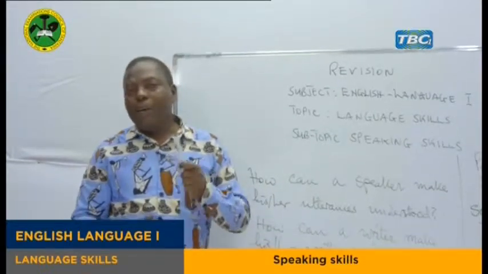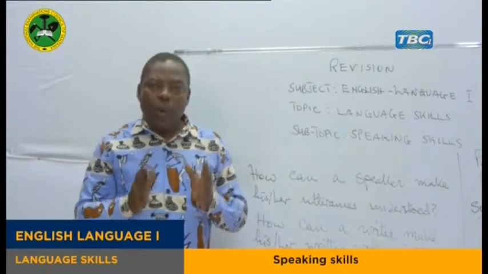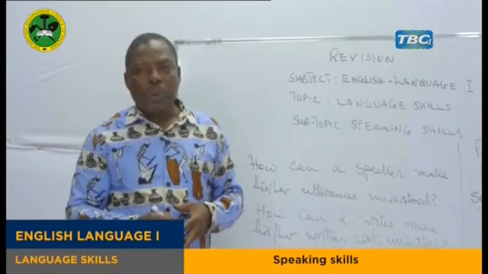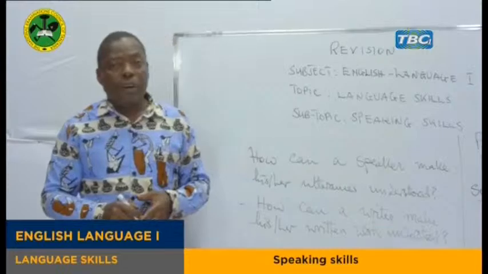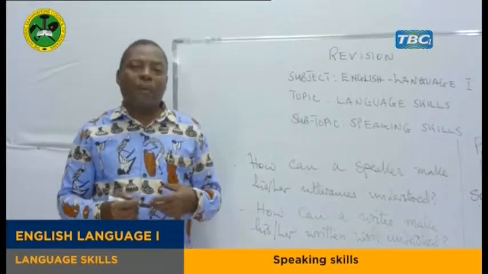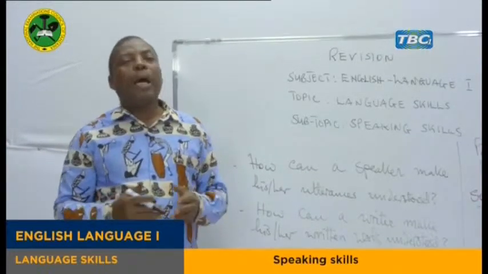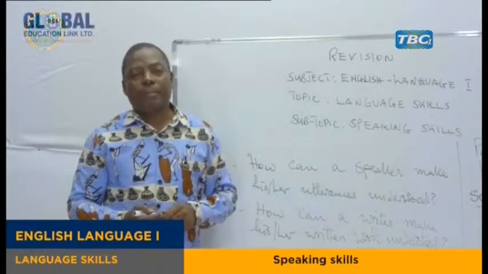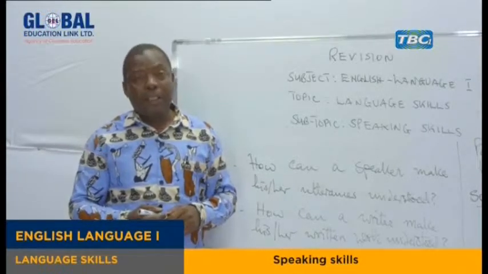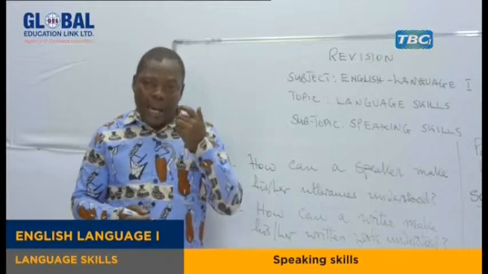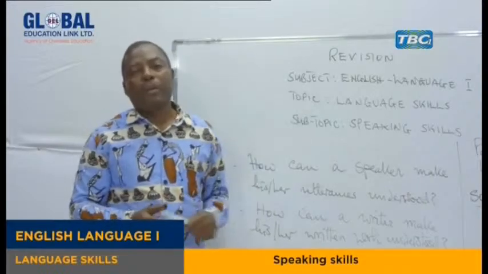So the moment you fail to pronounce the word as it is supposed to be, it is very likely that whatever you are going to say might not be understood by the second party, especially if you're talking to a native speaker of this language.